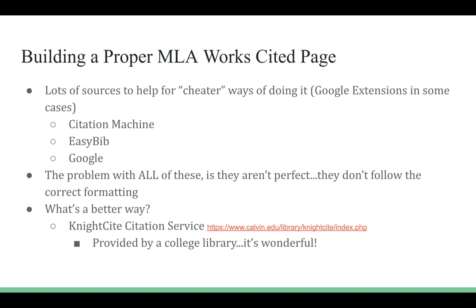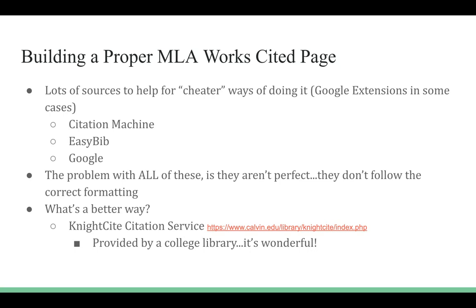Or I have had lots of people say Citation Machine is a good one. Google itself has a citation builder inside Google Docs. If you are searching a regular web page or something in the reference tab that you can find there, the problem with all of those is that they aren't complete.